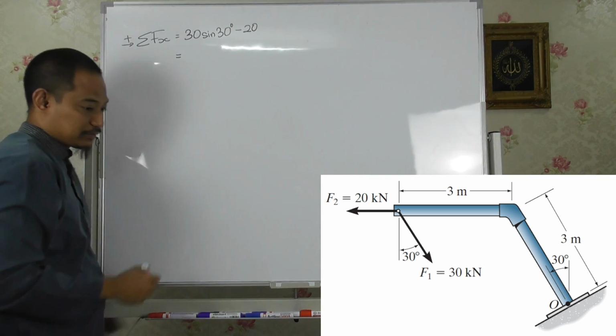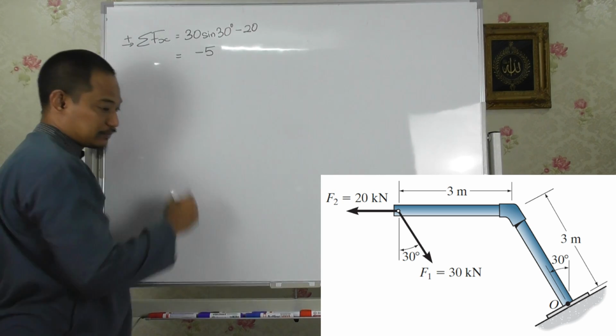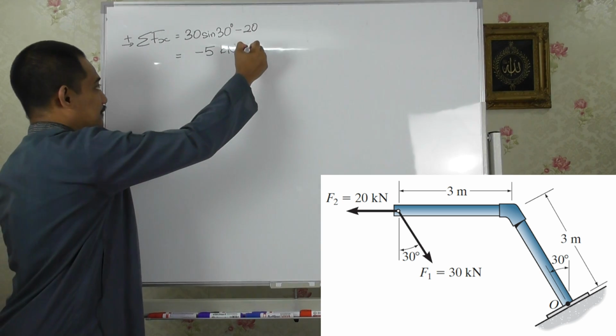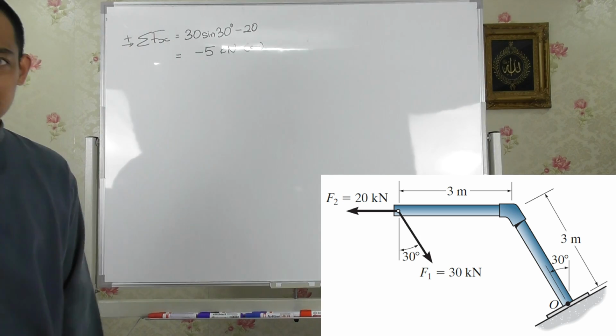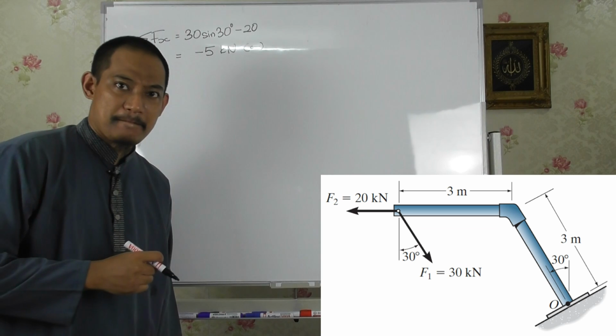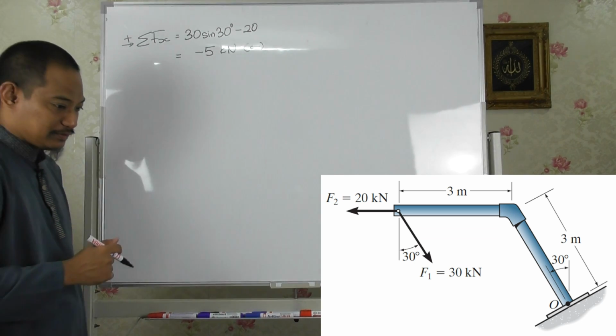If you calculate this, you should get minus 5 kilonewton. This minus means that it is in the direction towards the left. Hopefully you can see this. Can you see? Hopefully the glare of the light is not affecting.